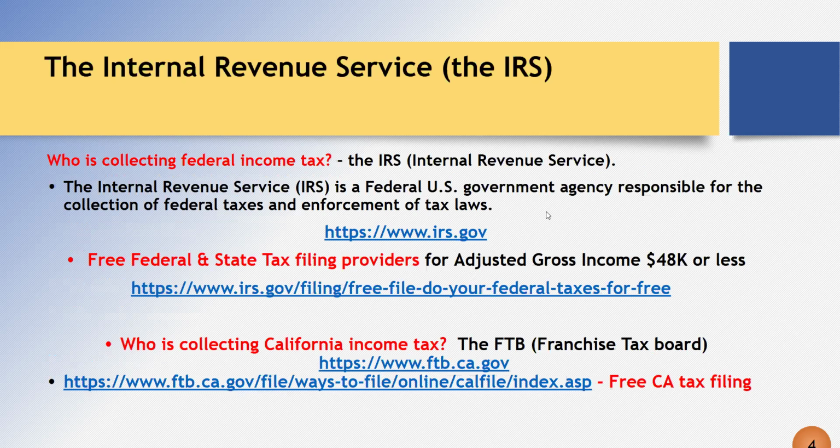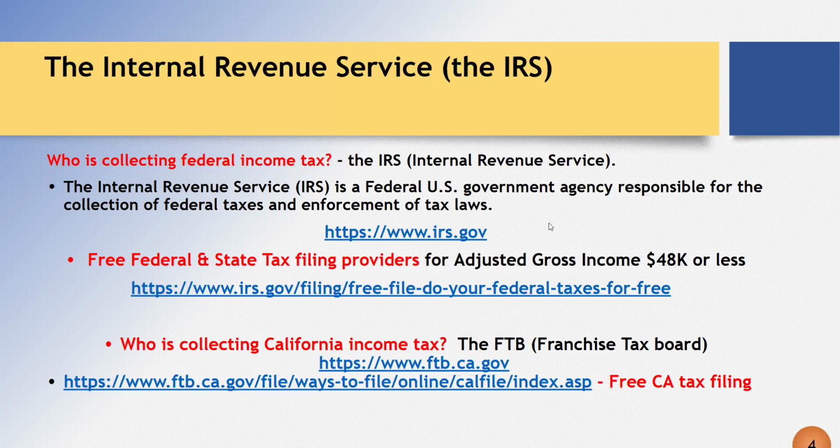Before we start talking about taxes, let's talk about who is collecting our taxes. We have two agencies here, since most of us are in California. We have the IRS, the Internal Revenue Service, the federal U.S. government agency responsible for collecting federal taxes and enforcing tax law. They have their own website with a lot of information, and they also provide free federal and state tax filing providers.